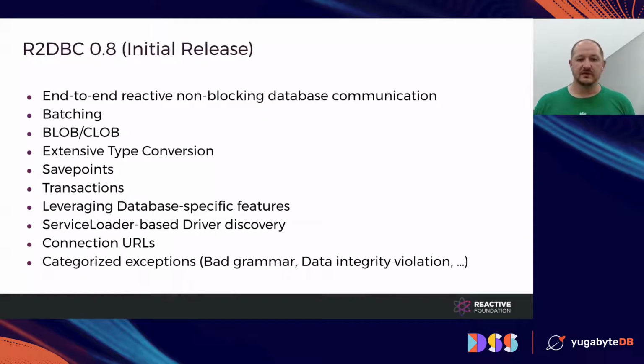With the initial release, you were enabled to leverage R2DBC drivers within your application code to provide an end-to-end non-blocking and reactive experience throughout your application. And you could do things like batching. You can fetch and store large objects. There's support for extensive type conversion between various types.